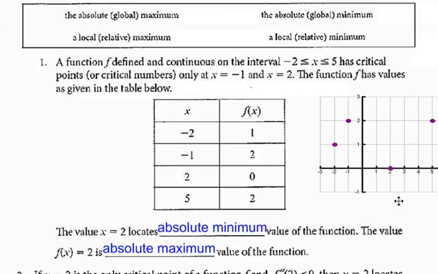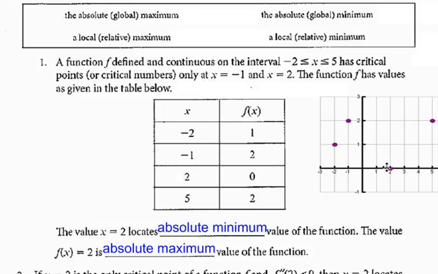A critical point is a point where there's a major change in the graph. So the only place you could have a change would be at -1 and 2. So at -1, since there are no other critical points besides this one, that would have to be an absolute maximum.